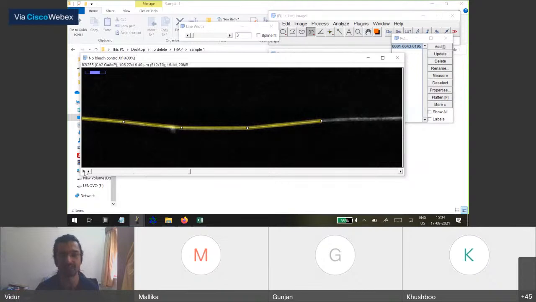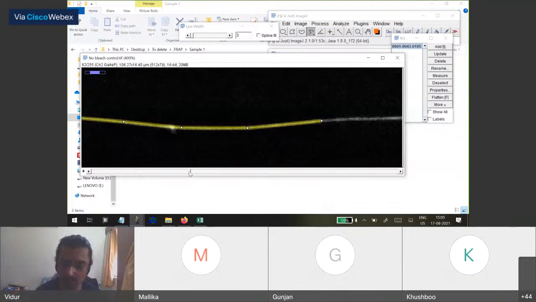If you press the play button, it's a movie which will continue over time. I'm going to start with the no bleach control, which is basically just imaging the neuron without any high intensity laser. It just leads to acquisition bleaching, which is what I was talking about before. And that acquisition bleaching, as I said, shouldn't be greater than 50% over the duration of your experiment.